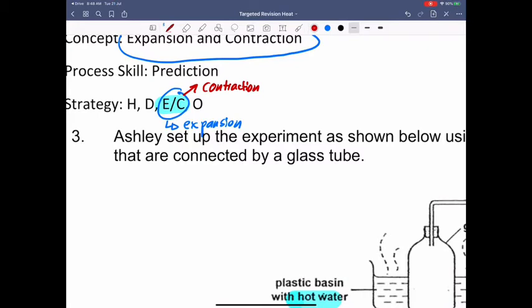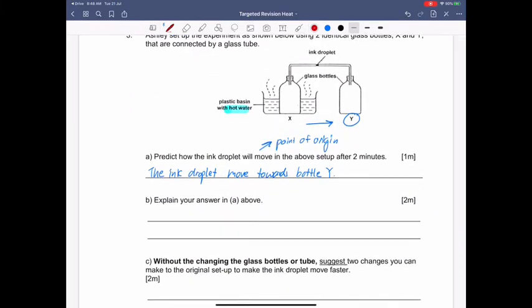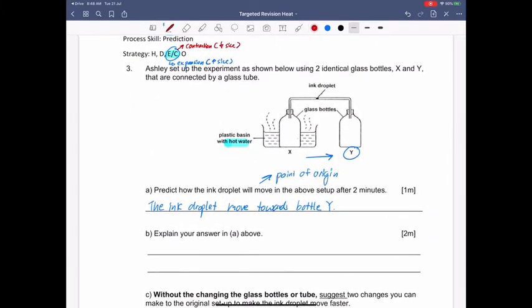Now, you also need to understand that with expansion, there is an increase in size that you need to mention. And for contraction, there is a decrease in size that you will also have to mention. So when we talk about size, we talk about volume. So let's see how we can apply our strategy.